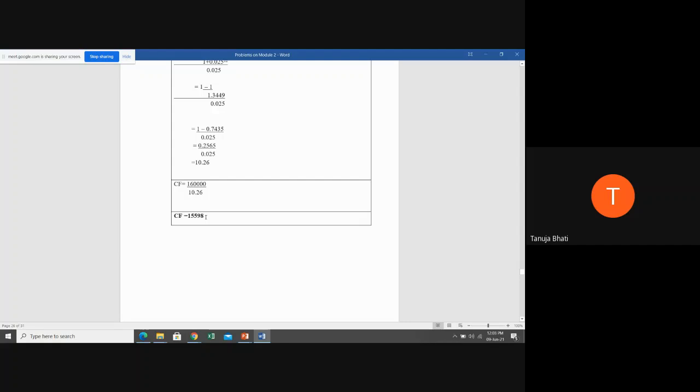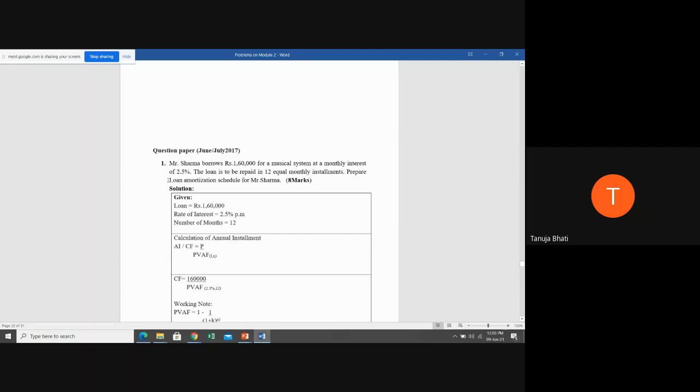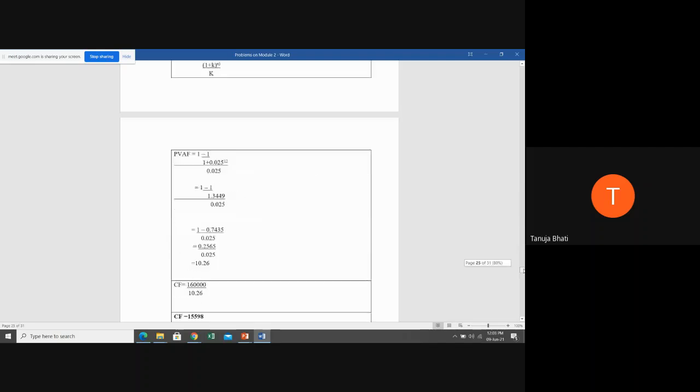Can anyone tell me what is going to be my next step? I have calculated the annual installment. Now, what is going to be my next step? Yes, loan amortization schedule. I have to prepare a table showing the loan amortization schedule.